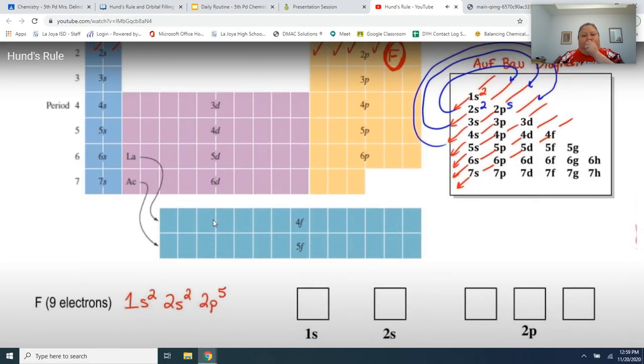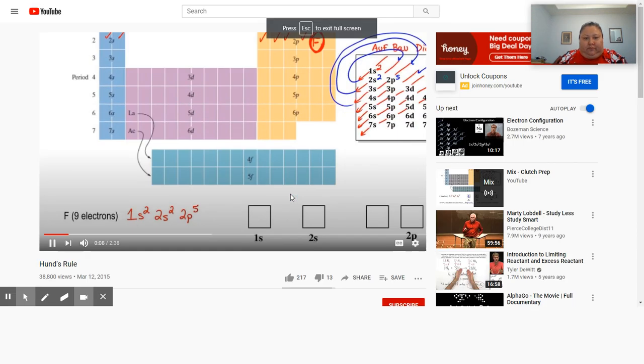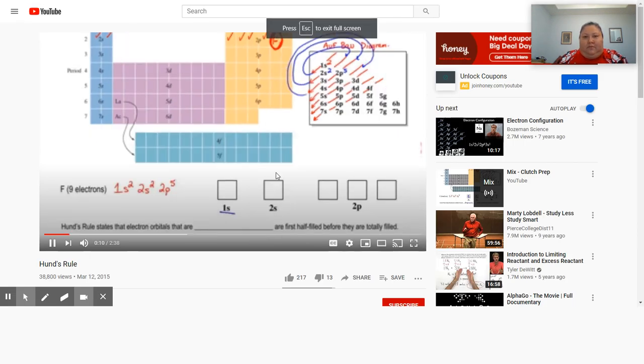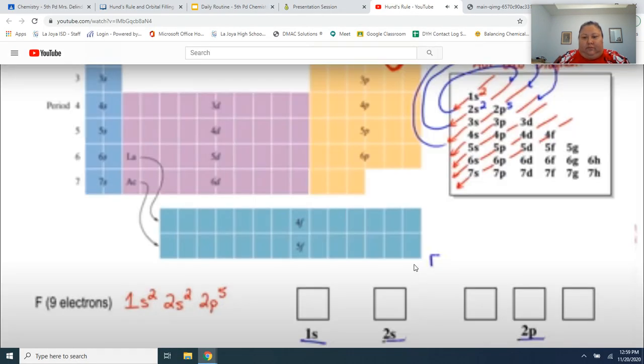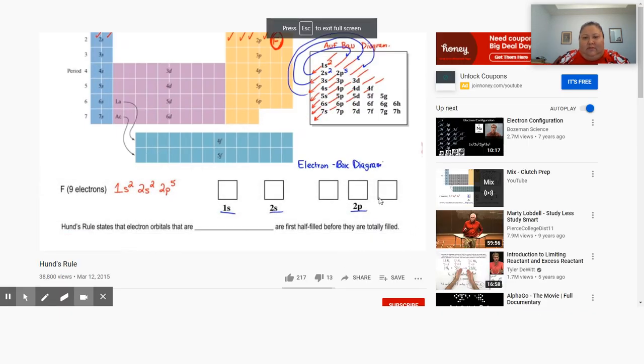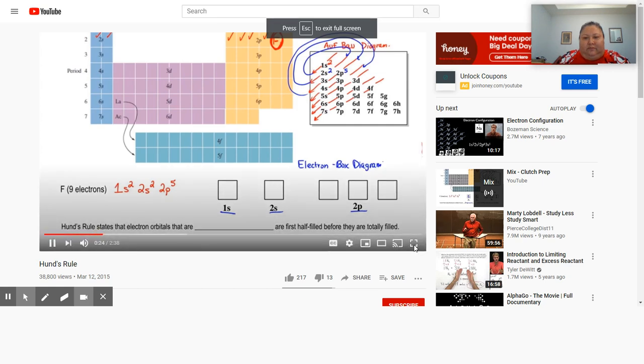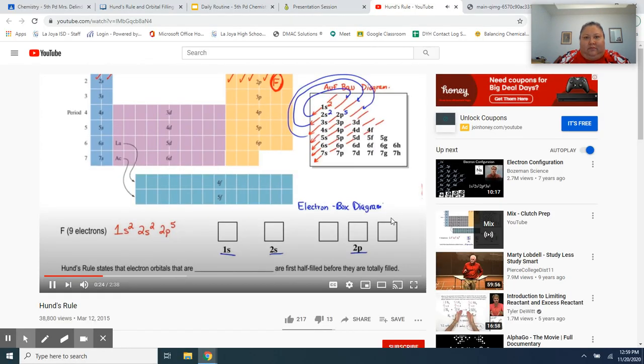Now, we've done the electron configuration. Now, you see these little boxes here? These represent the electron orbitals for each one of those sublevels that we have here. We're going to fill them in. We call these electron box diagrams, where we physically show the electrons within each one of these orbitals. Now, we're going to say we start out with 1s. How many does s hold? It holds 2.